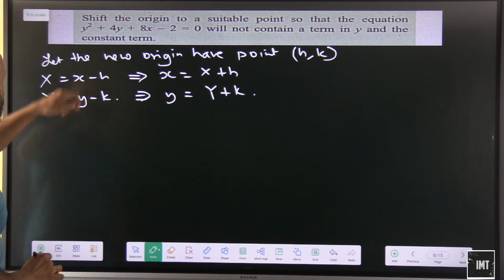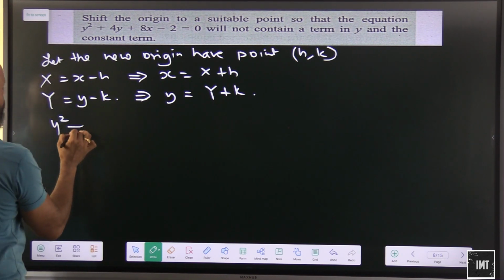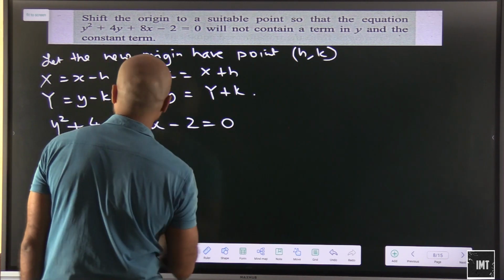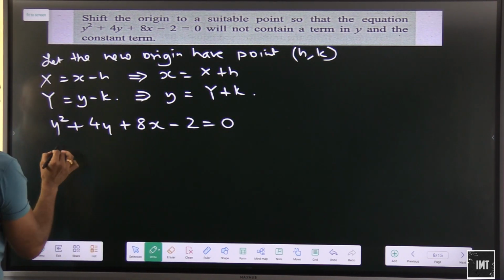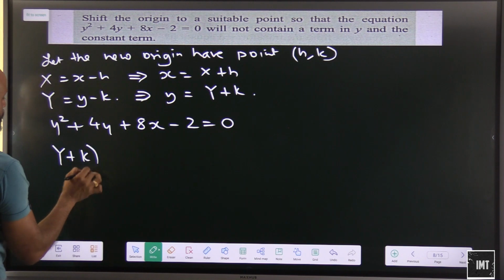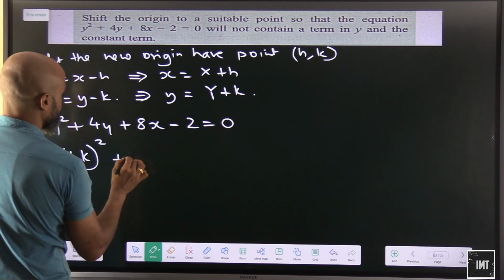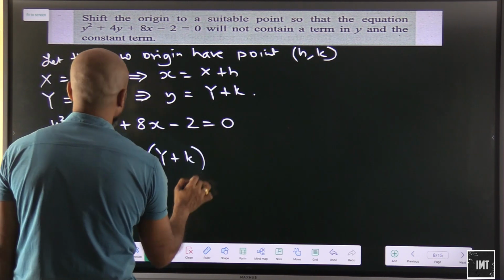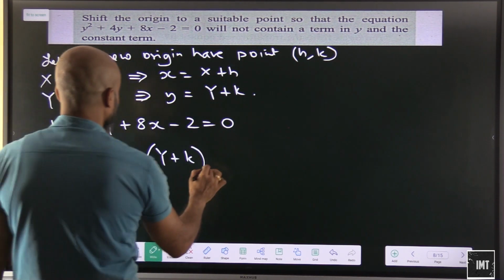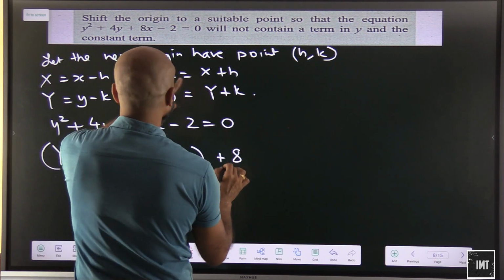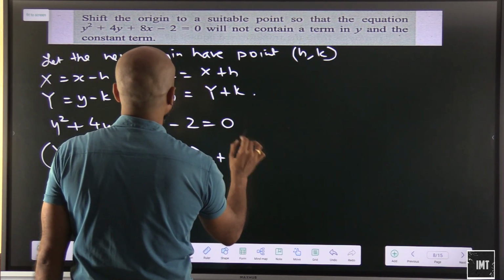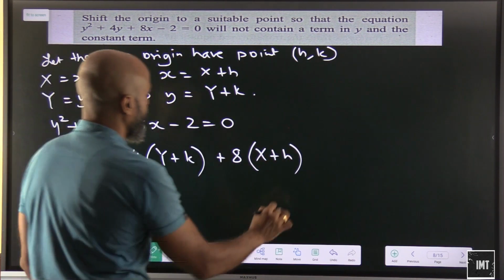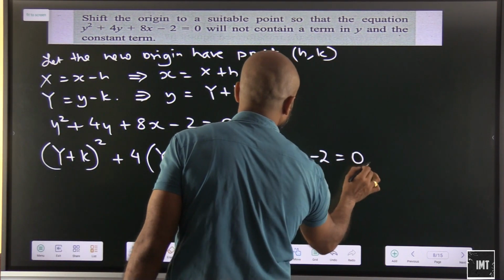So in this case, in y square plus 4y plus 8x minus 2 is equal to 0, this will be Y plus k square, plus 4 into Y plus k, plus 8 into X plus h, minus 2 is equal to 0.